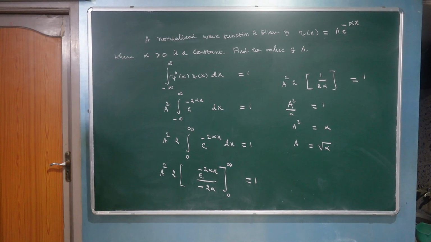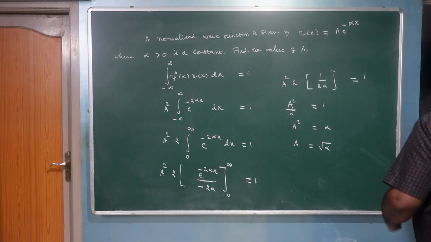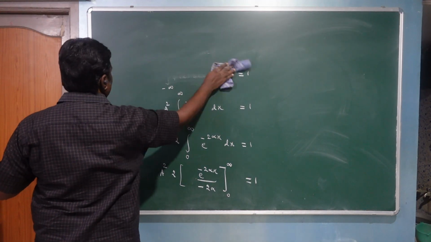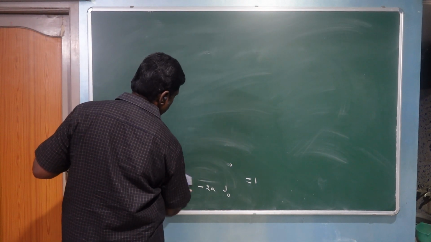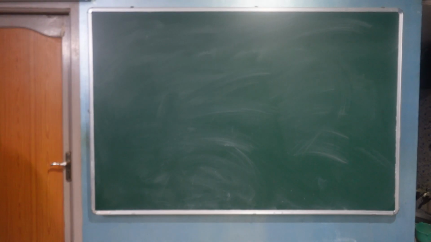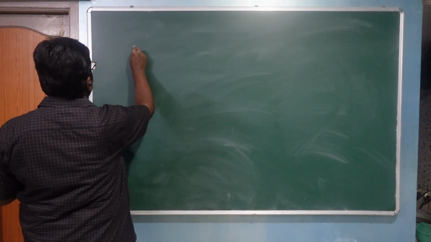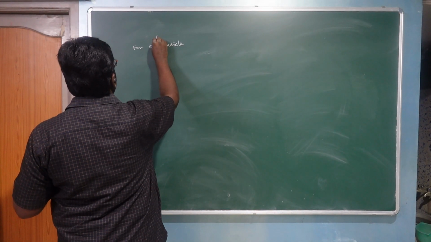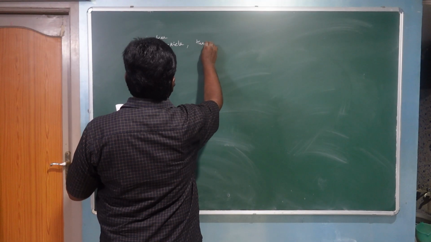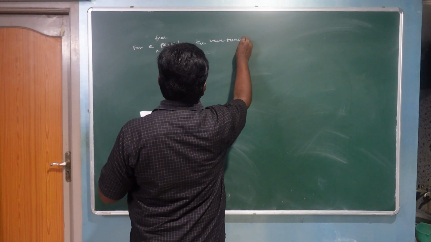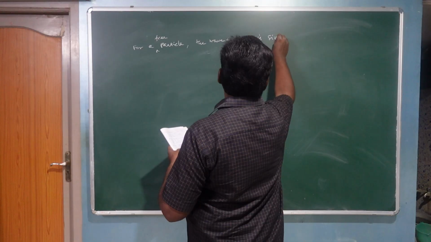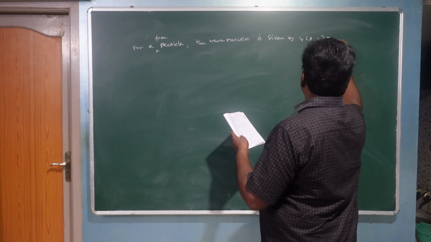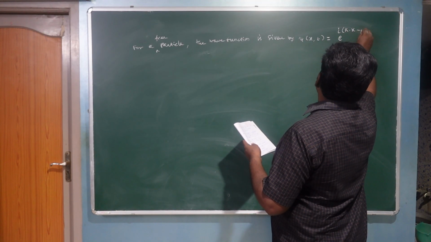When we go to the second problem, for a free particle the wave function is given by psi of x comma t, which is equal to e power i into k dot x minus omega t.